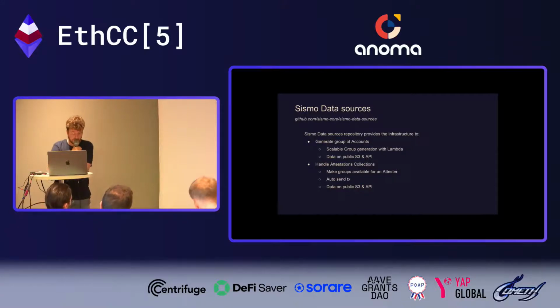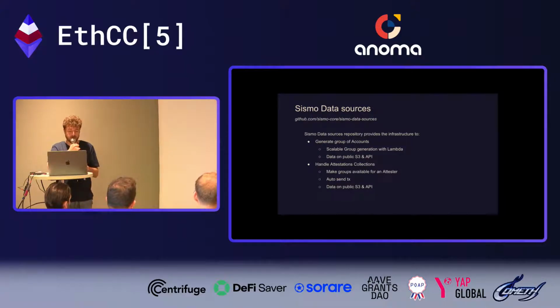As we need a lot of infrastructure to create the groups of accounts and the Merkle trees, and to provide these Merkle trees to the user in the front end, we created a whole repository and project called Sismo Data Sources. It provides the infrastructure to generate groups of accounts with scalable infrastructure on AWS and put that data on a public API.